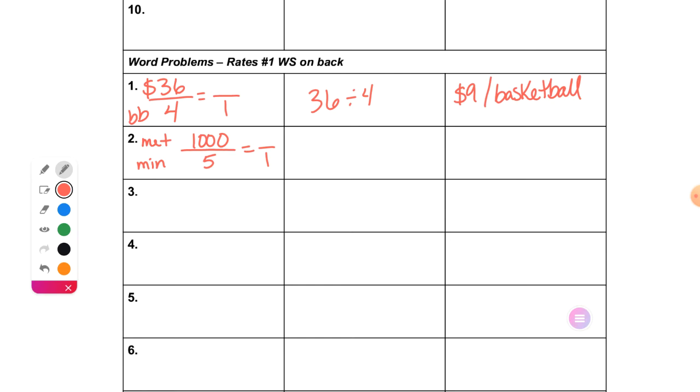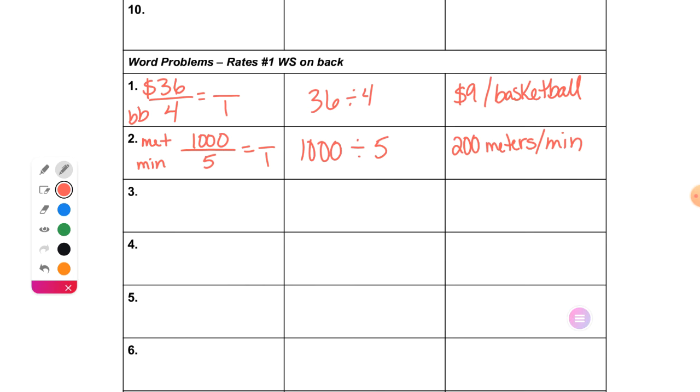On bottom I would have to do 5 divided by 5. So what's the division problem I would have to work out? 1,000 divided by 5. 1,000 divided by 5 is, Livy? 200 meters per minute. There we go. And again, you can use the slash or you could use the word per. It all means the same thing.